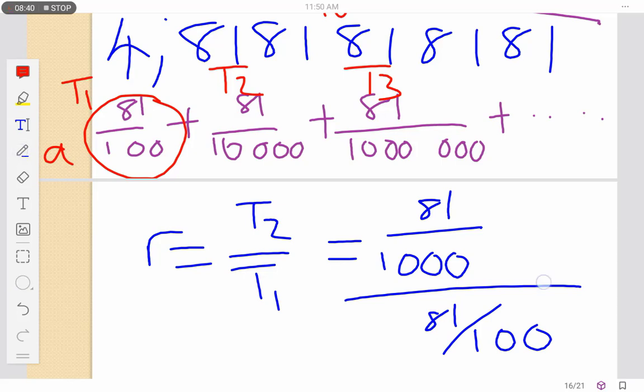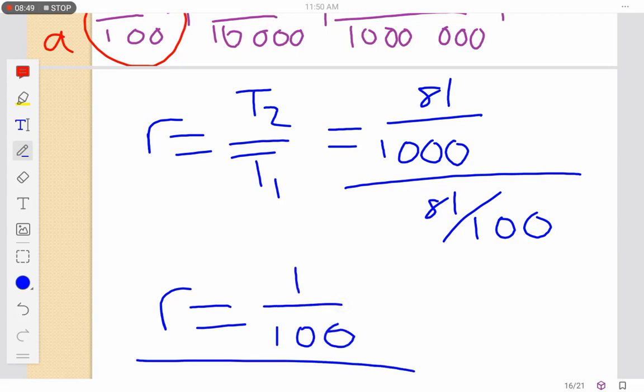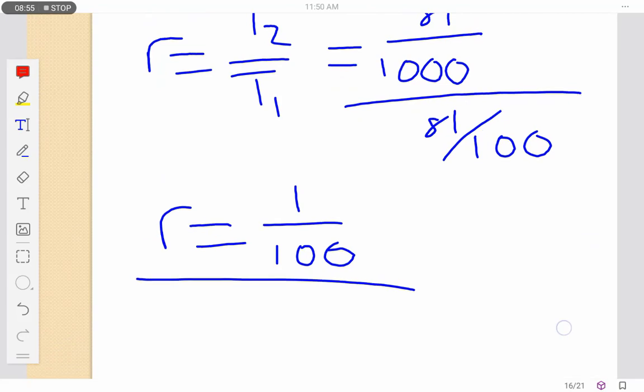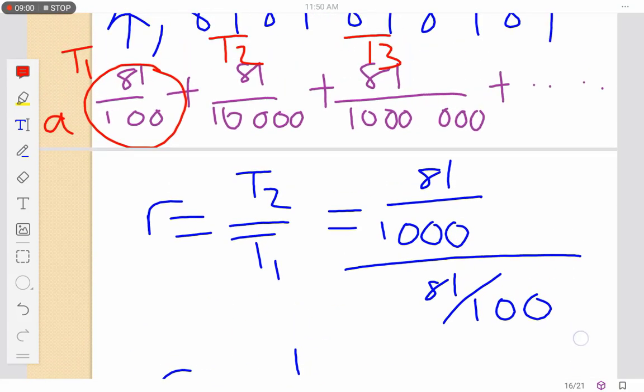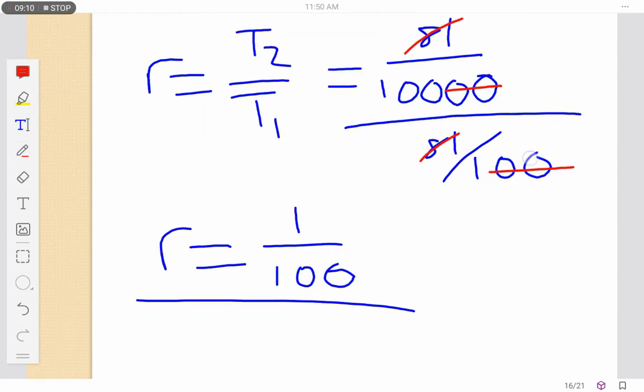Such that if I divide, this one will cancel off with this one, and I get my common ratio R is 1 over 100. Sorry, I think I forgot a zero there. That's why I get my 1 over 100.